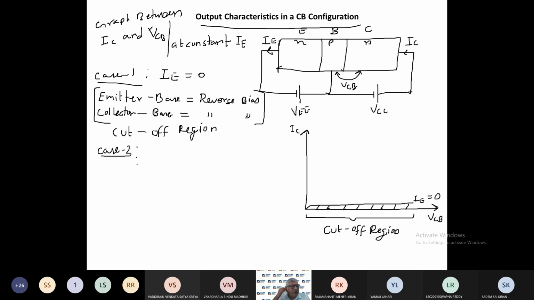So in case 2, what we will do? We will make emitter base forward bias now, and collector base reverse bias.